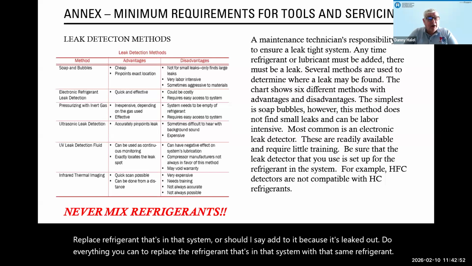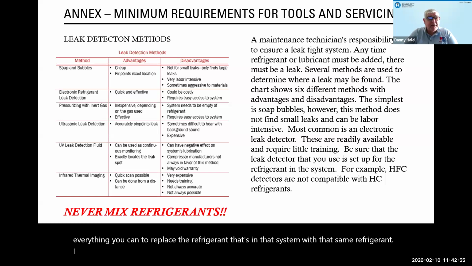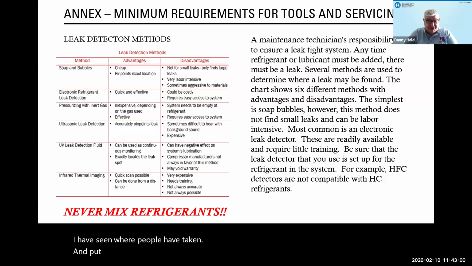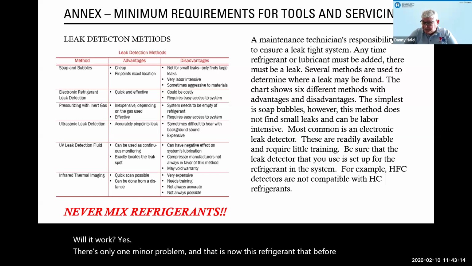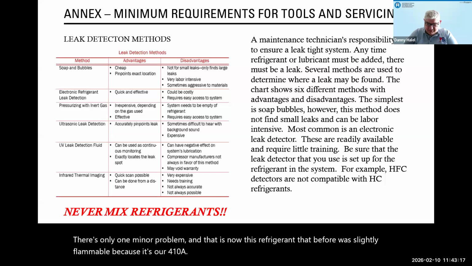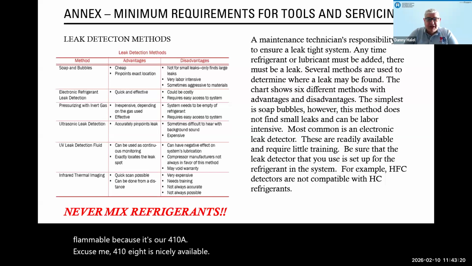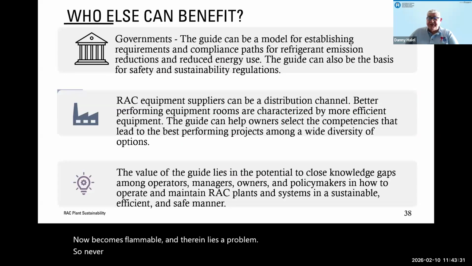I have seen where people have taken propane and put it into an R410A system because they couldn't find R410A. Will it work? Yes. There's only one minor problem, and that is now this refrigerant that before was not flammable, because it's R410A, is a blend, now becomes flammable, and therein lies a problem. So never mix refrigerants.